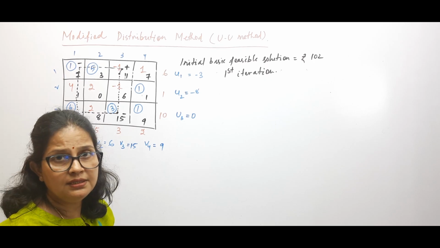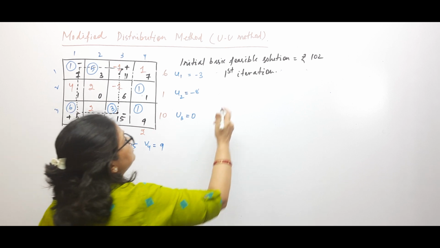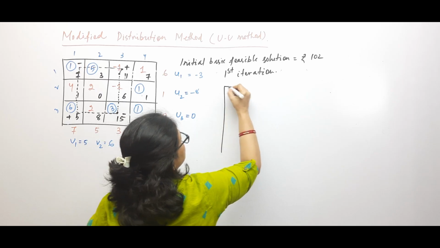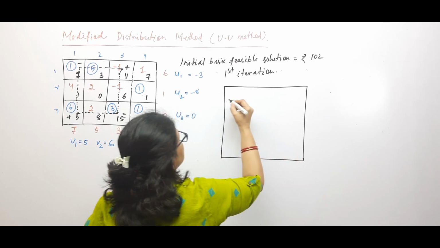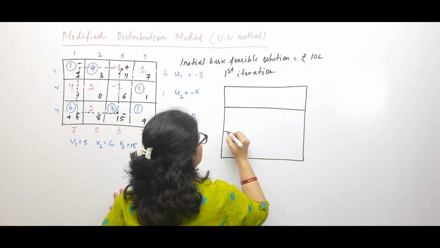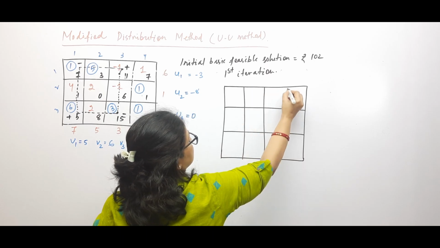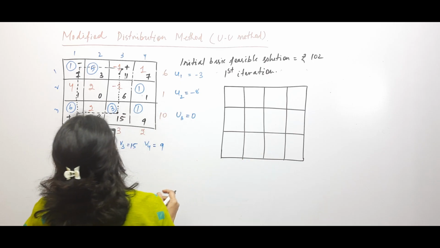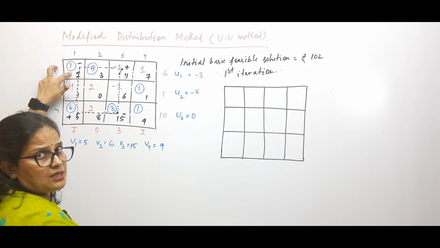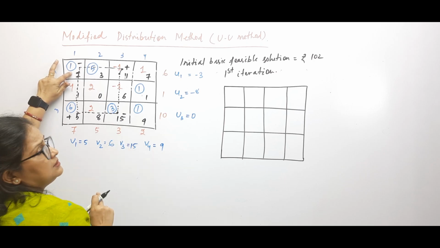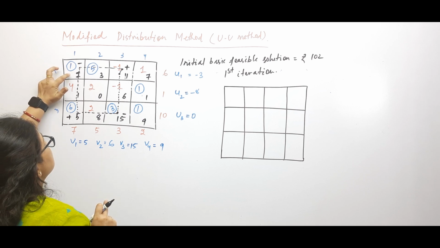We need to draw another table, like 1, 2, 3, and 4. We need to find the least allocation for the negative sign cells.